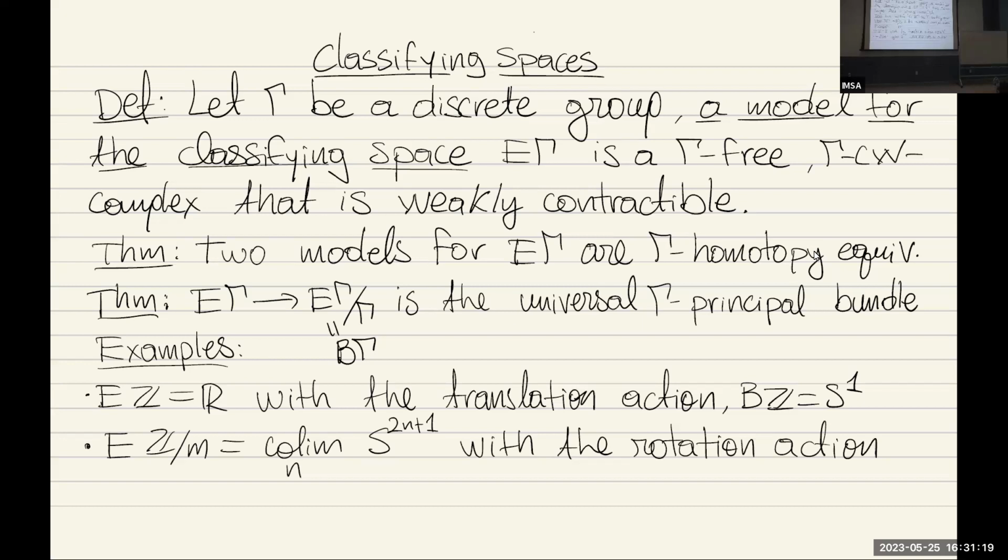Another theorem says that the map from E gamma to the orbit space B gamma is the universal gamma principal bundle. For example, the classifying space for the integers can be taken as the real numbers with the translation action, and the quotient is the circle. The classifying space for cyclic groups can be taken as a colimit of odd-dimensional spheres with the action given by multiplication by a primitive root of unity.